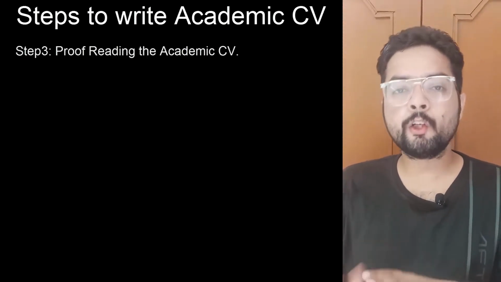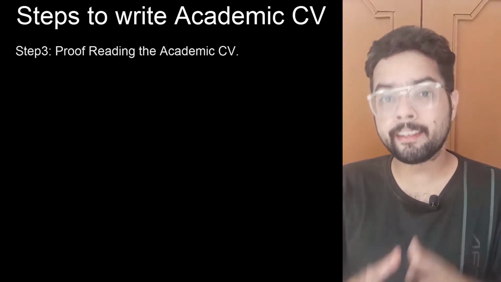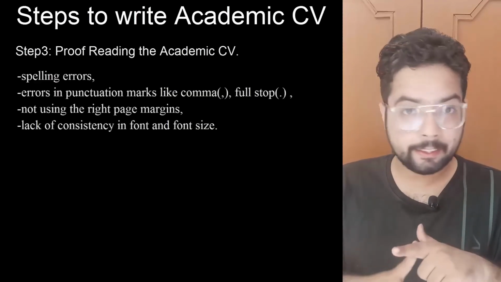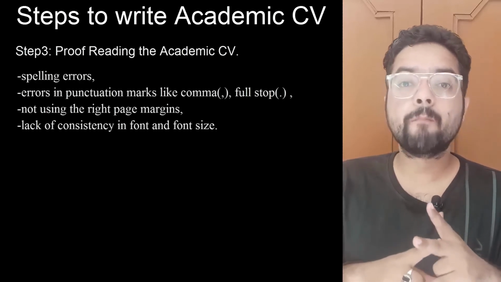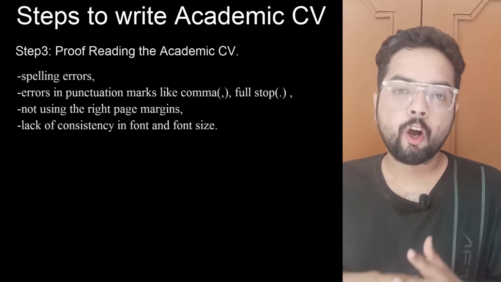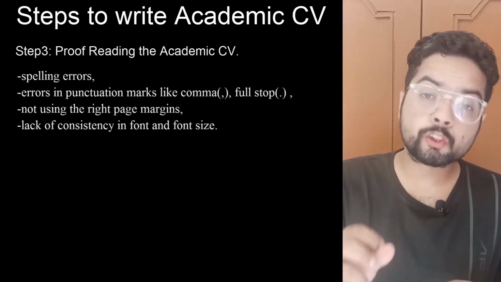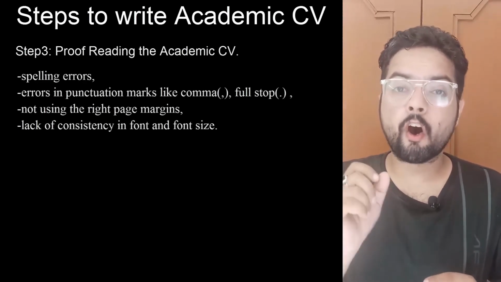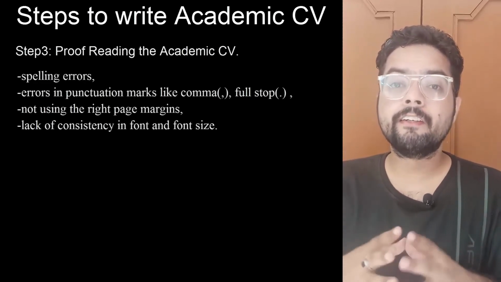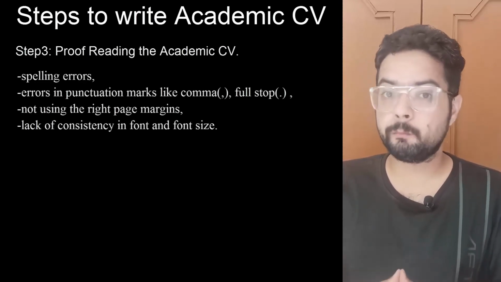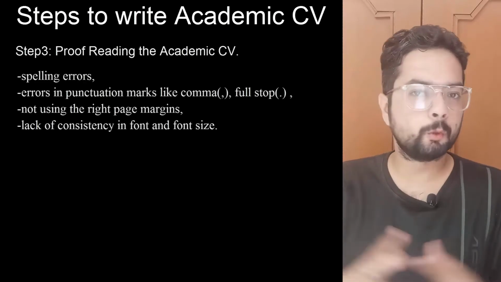While you are writing your academic CV, there are chances of many small errors such as spelling errors, punctuation marks, font size, or margins at the right or left. All these small errors can reduce the credibility of your academic CV and can reduce your possibility of getting that fellowship grant or that postdoc position.